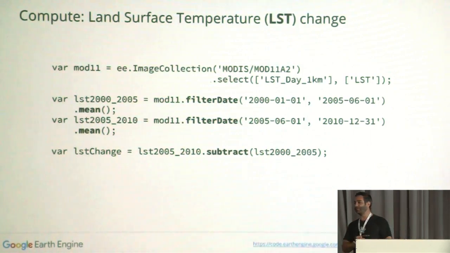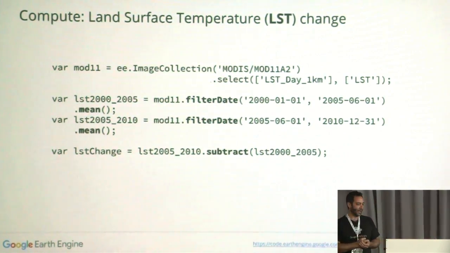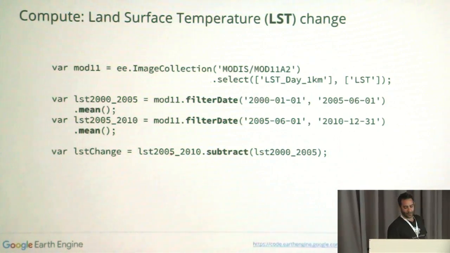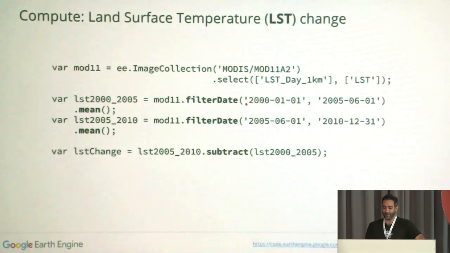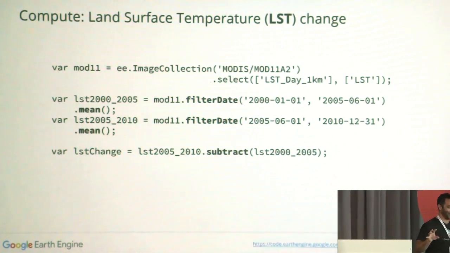Land surface temperature change. Instead of having two images, I loaded the MODIS image collection, filtered it to two different 5-year periods, took the mean, subtracted one from the other. So land surface temperature increase or decrease. Again, this is just an example.